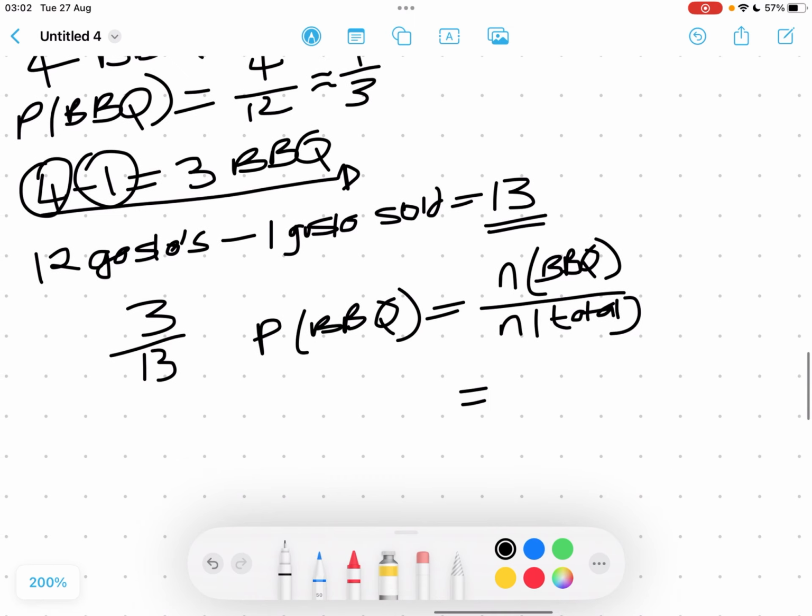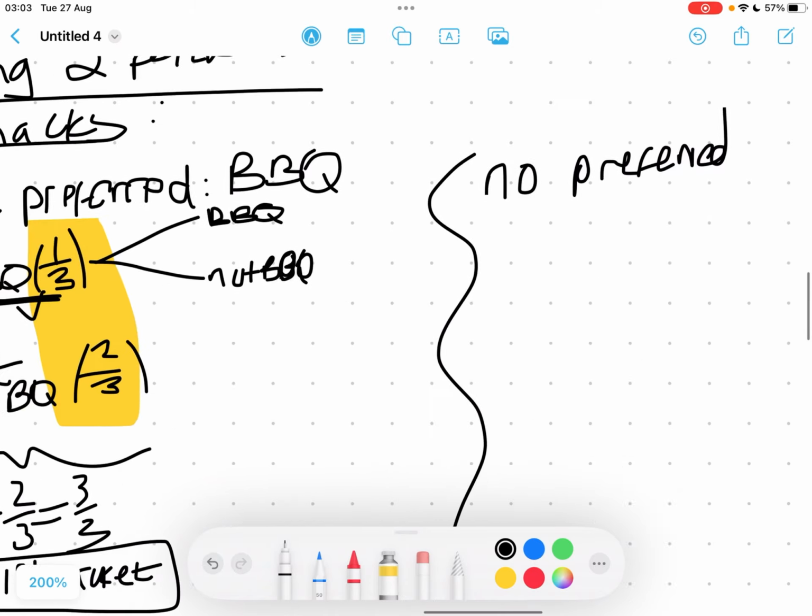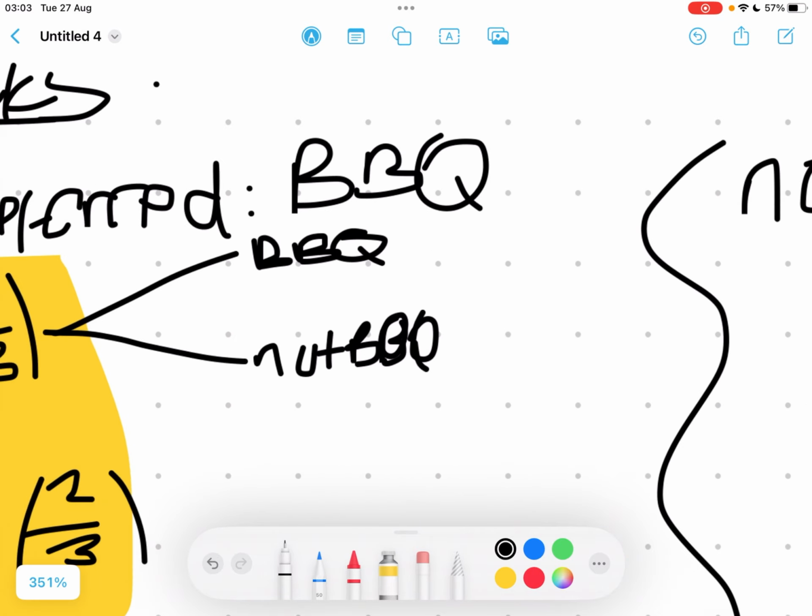So in this case, after selling the first one, I'm now left with 3 barbecue divided by 13, which is my new probability. You understand? So I'm just going to put that here before I move on to explaining the other parts.